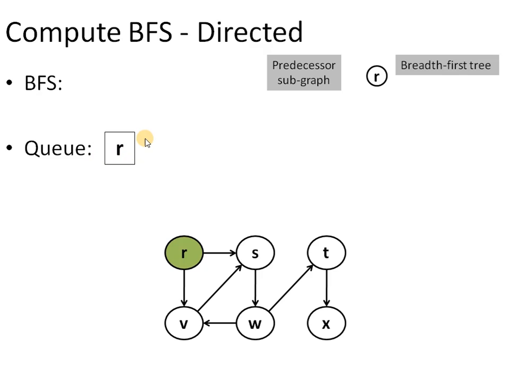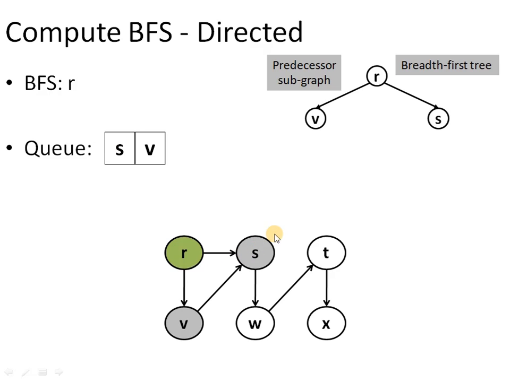Now we will DQ R and NQ the two unvisited adjacent vertices V and S. You can follow any order. You can either put V first followed by S, or put S first followed by V. Both are valid. So we have DQ'd R, NQ'd S and V, and since we are reaching S and V directly from R, V and S will appear as child nodes of R.